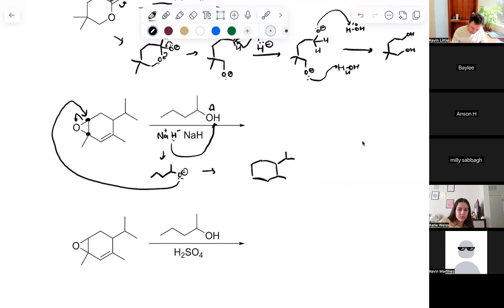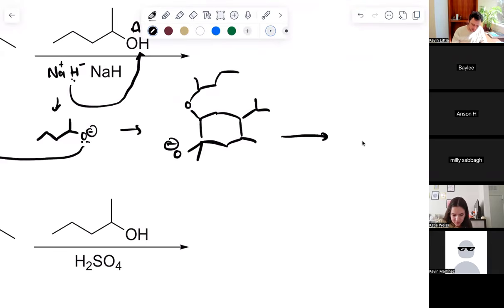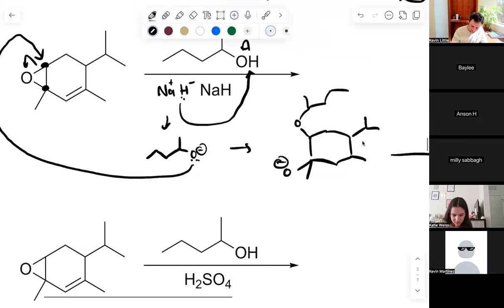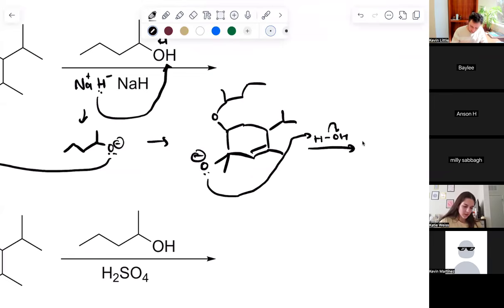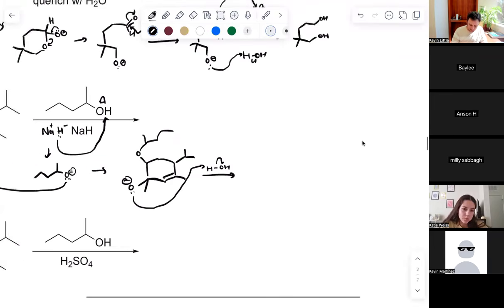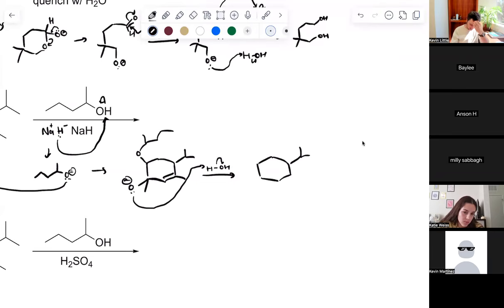That gives me this. And then on a test, I would tell you that we can quench with water. But the key idea here is understanding which side, in which conditions, we attack an epoxide.